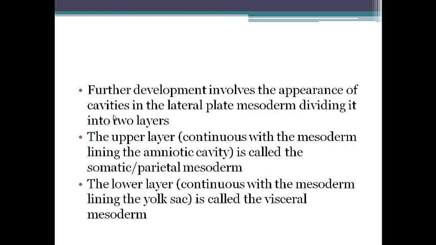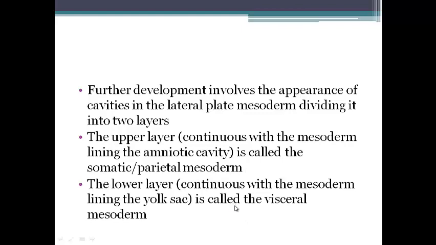So the lateral plate mesoderm, once it starts dividing into 2 layers, the upper layer is continuous with the extraembryonic mesoderm that lines the amniotic cavity, and we call this the somatic, or you can also call it the parietal mesoderm. The lower layer is continuous with the extraembryonic mesoderm that lines the yolk sac, and this is called the visceral mesoderm.